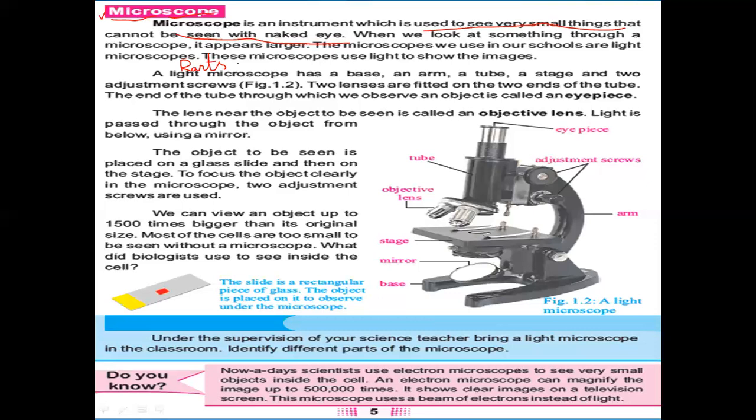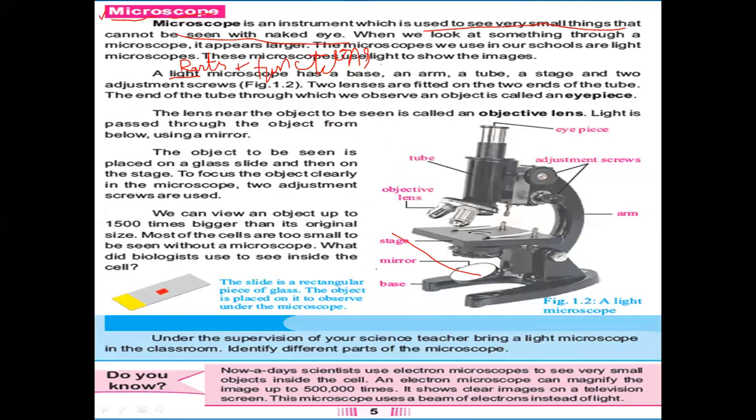We'll write here parts, and first we will see its parts and then we'll see its functions. This is a light microscope. Why do we call it light? Because it doesn't mean it is not heavy. Light means it needs some source of light to reflect from this mirror, and then we can see through the microscope. Without light, we cannot see in the microscope.